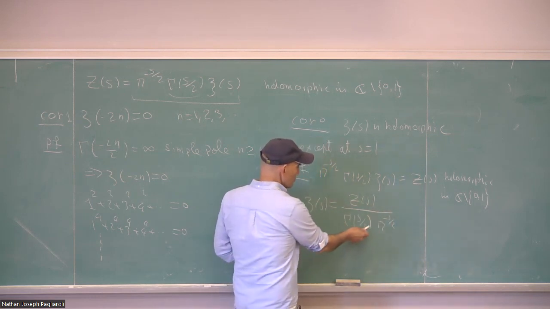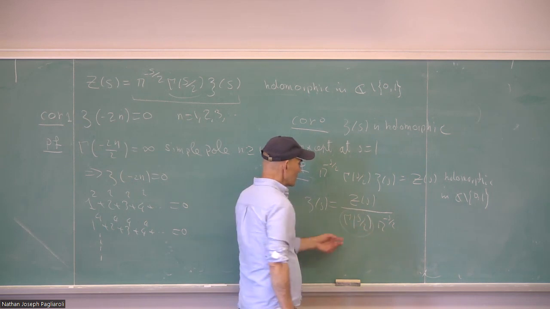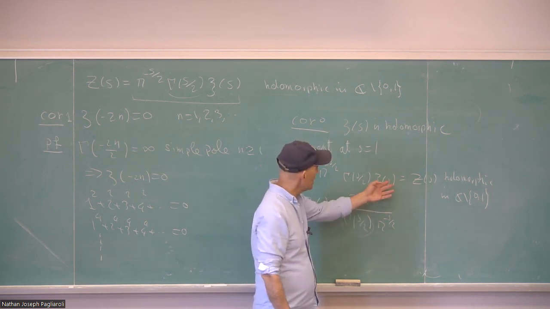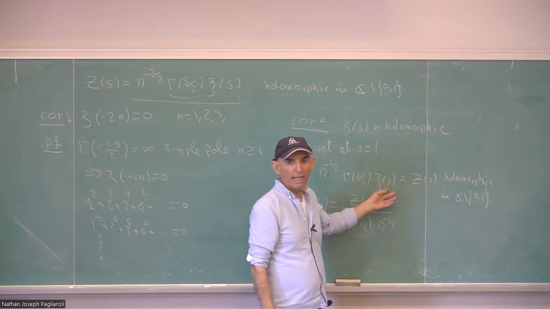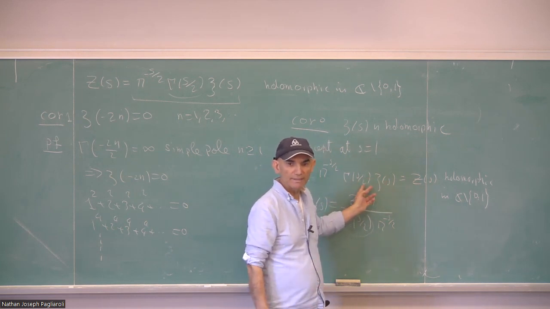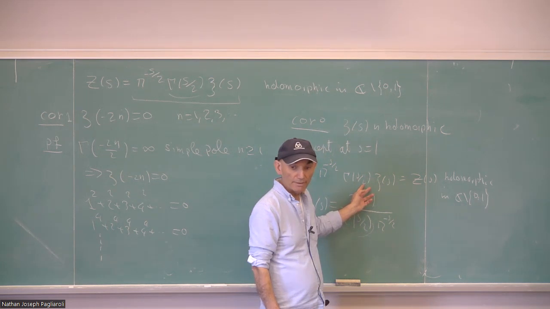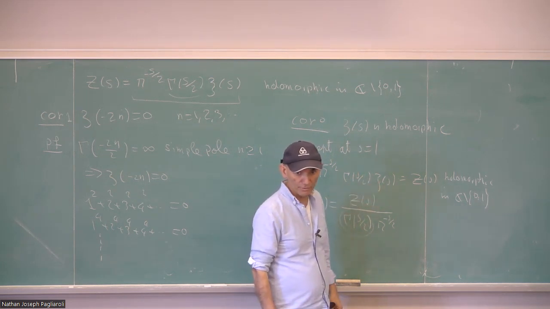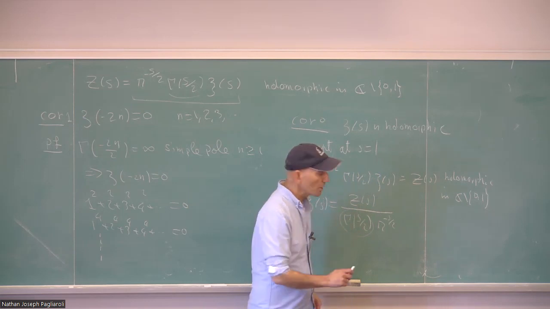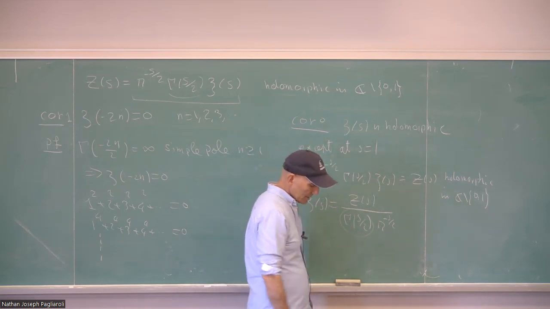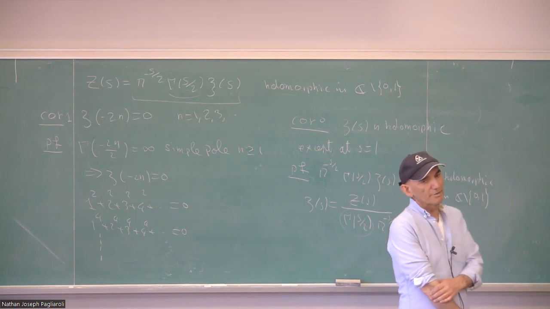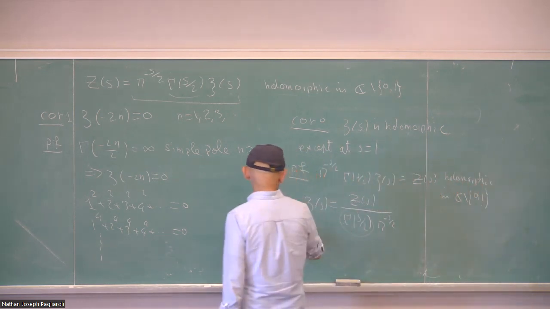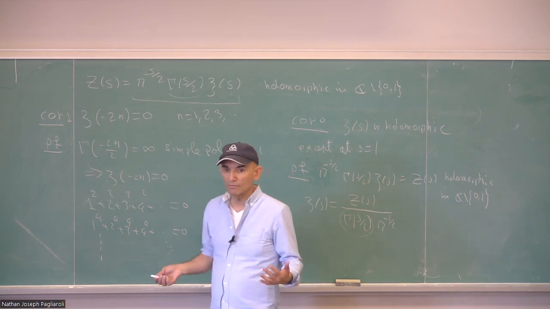But I have to be able to divide by this. Because if gamma has some zeros, then it will kill the joy, because zeta can have poles at the points where gamma has zeros, and then it will create problems for us. But that's not going to happen. The reason is that gamma is never 0.